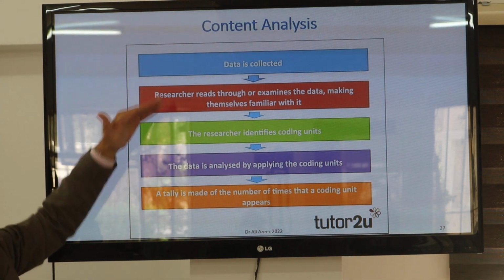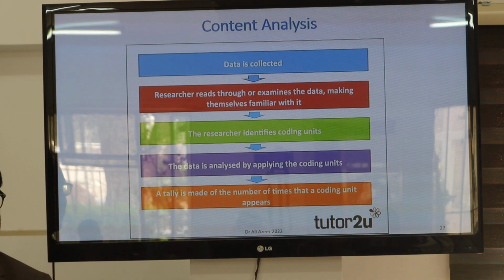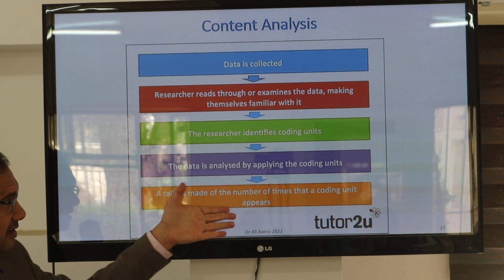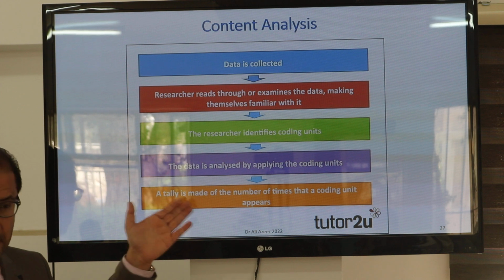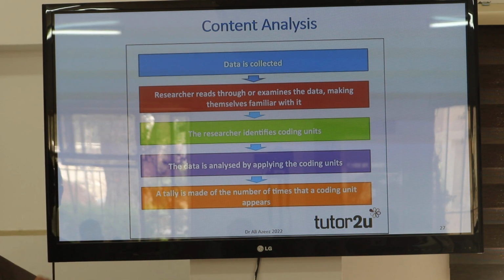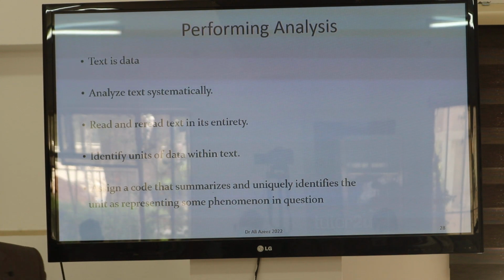All these steps are common between the content and thematic analysis, but at the end, here we will generate numbers of phrases or codes. At the thematic, we will generate themes. So these are the difference between the thematic and content analysis.